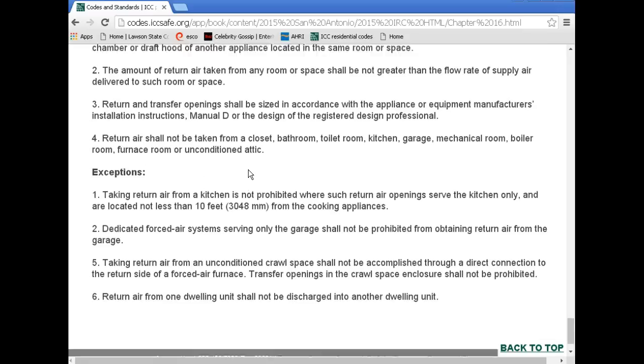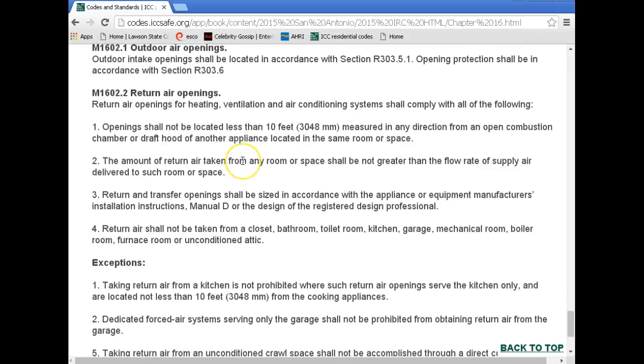Okay. All right. Openings shall not be located less than 10 feet measured in any direction from an open combustion chamber or a draft hood or another appliance located in the same room. So right there, you can't put the return in the same room with the furnace, right?